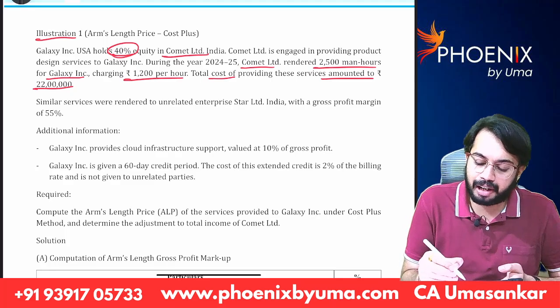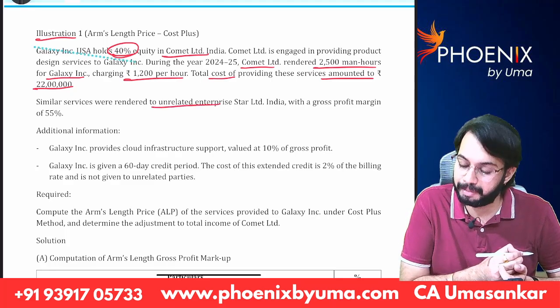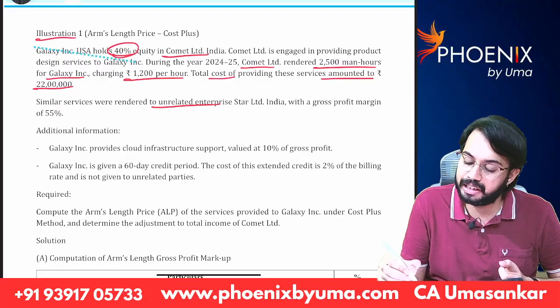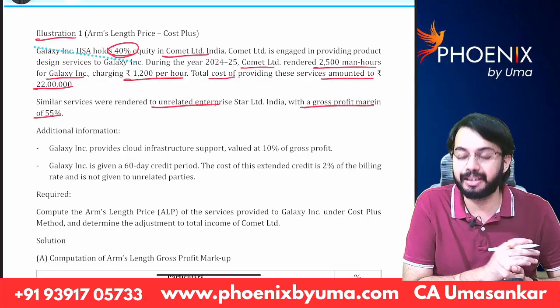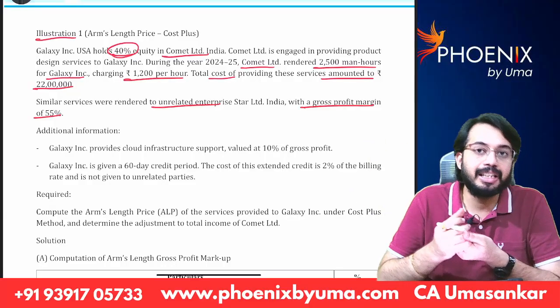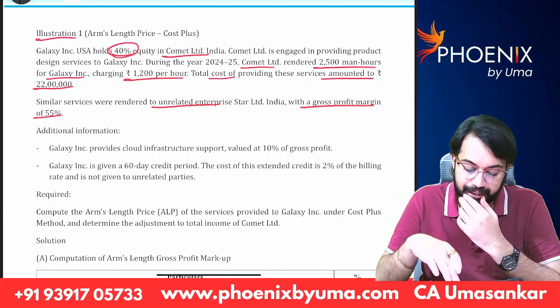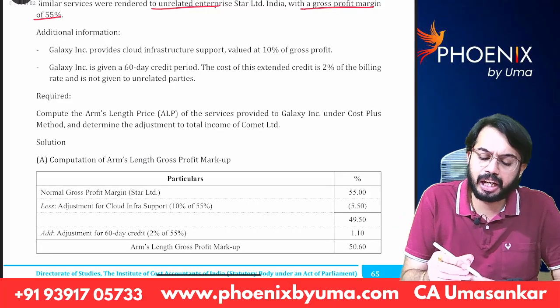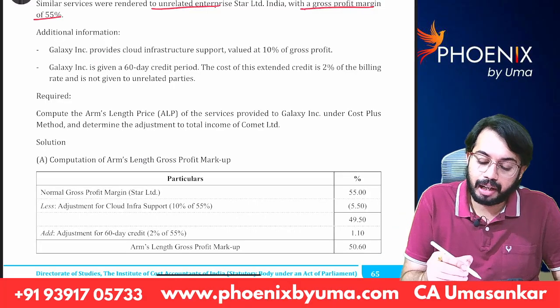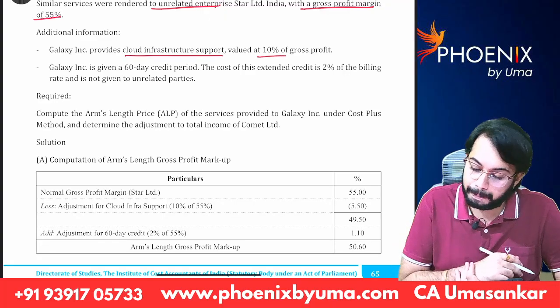Similar services were rendered to unrelated enterprise Star Limited, India with a GP margin of 55%. That means in unrelated party transactions, the GP margin is 55%. Additional information: Galaxy Inc. provides cloud infrastructure support valued at 10% of GP margin.